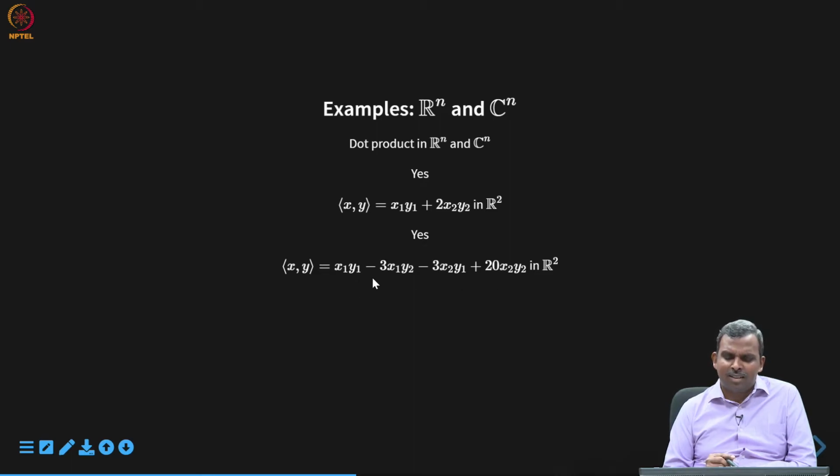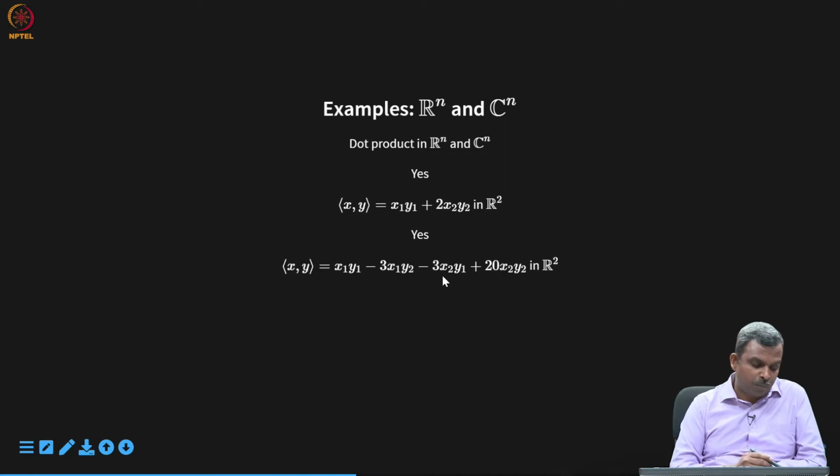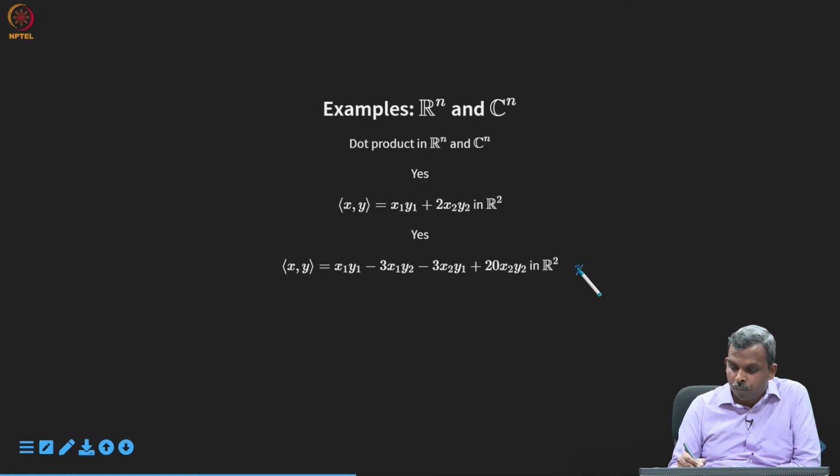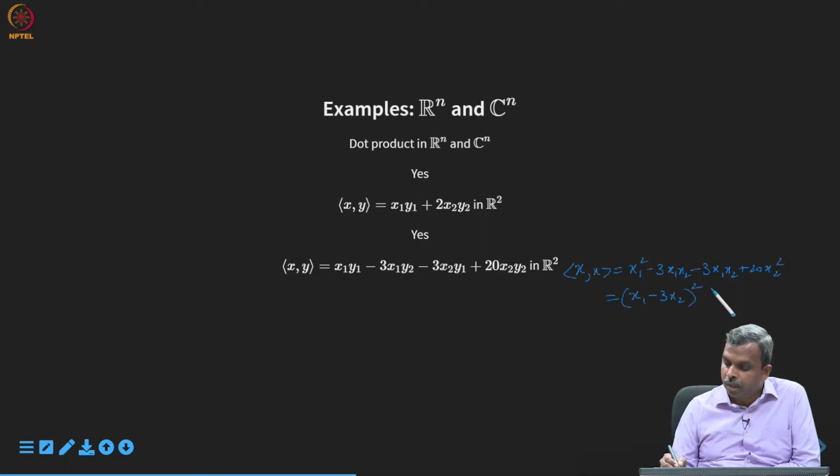Let's worry about first positivity of x comma x. If you see x comma x, you are going to get x1 squared minus 3 x1 x2, another minus 3 x1 x2, and then plus 20 x2 squared. This you can write as x1 minus 3 x2, whole squared, and then you will have 11 x2 squared.